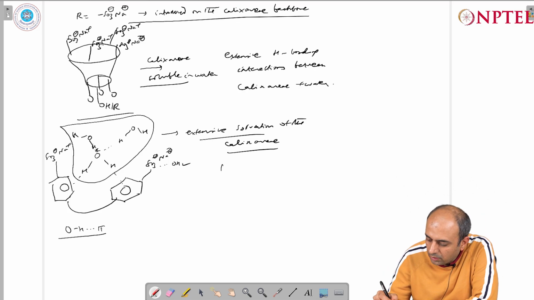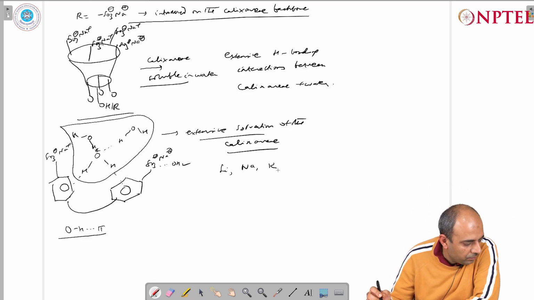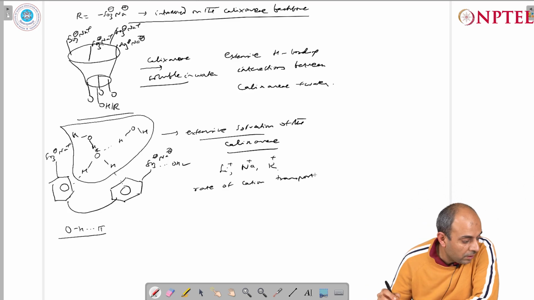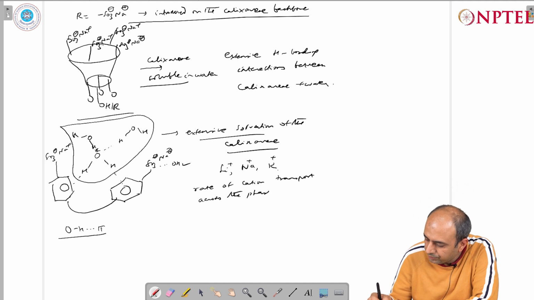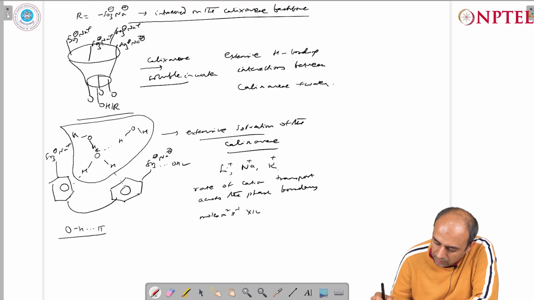for lithium, sodium and potassium cations, the rate of cation transport across the phase boundary, which is reported in moles meter square second inverse into 10 to the power 8.